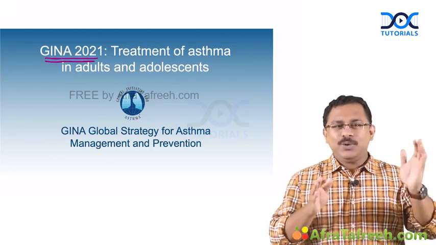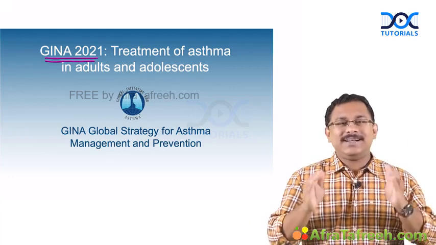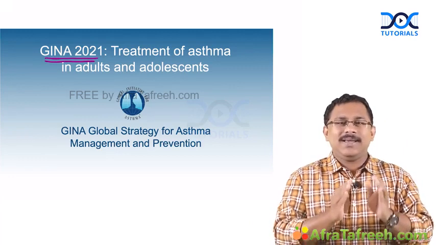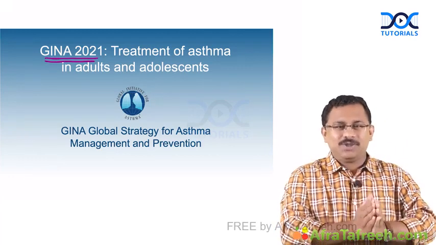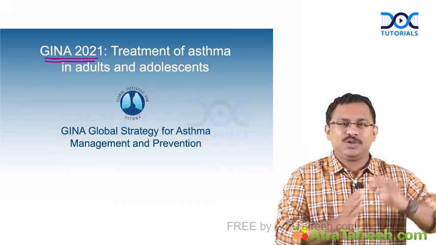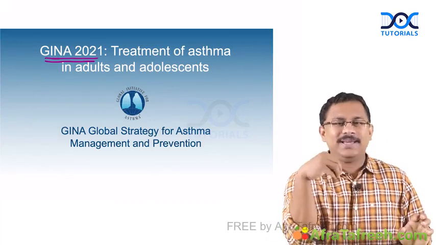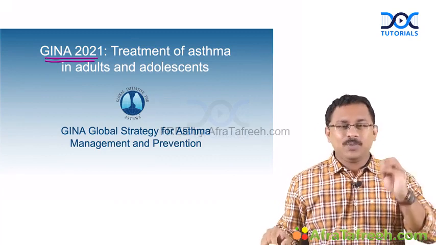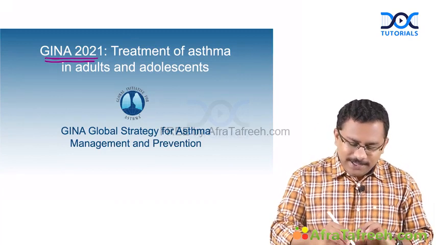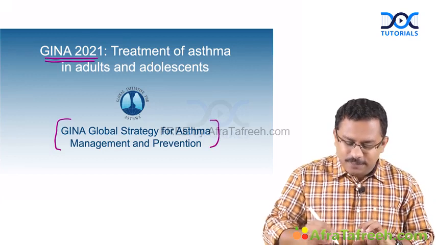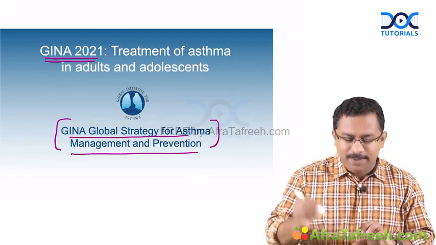So whatever I am going to discuss now, because from now on the discussion will be centered around the stepwise management of bronchial asthma, because we have already seen the treatment options available. Now it's up to the stepwise management 2021. So you call it the JINA Global Strategy for Asthma Management and Prevention.